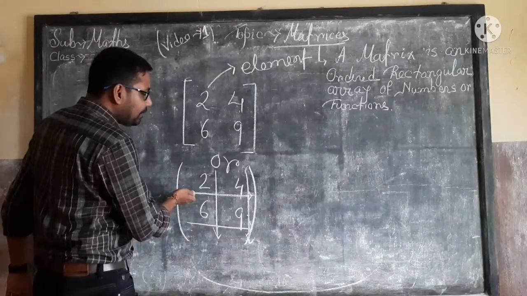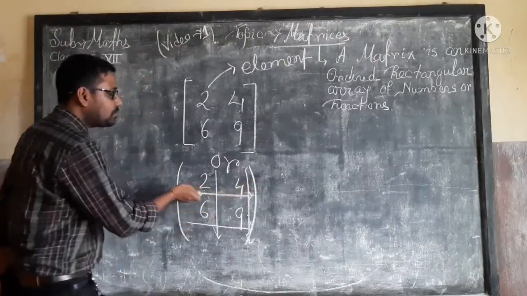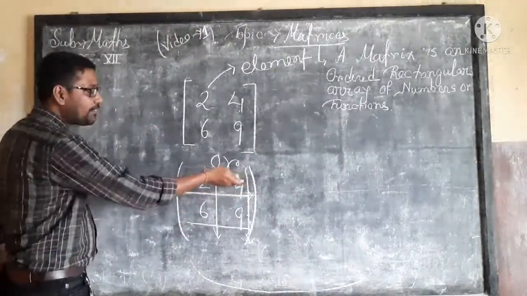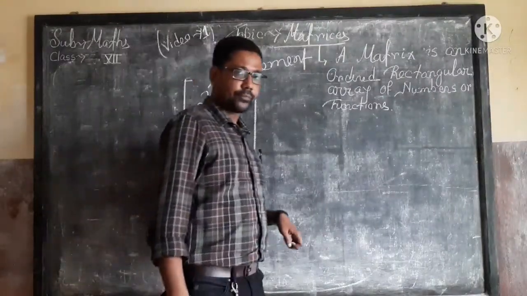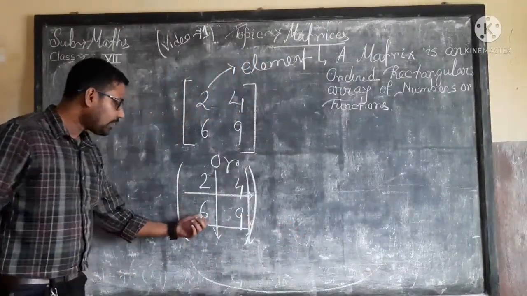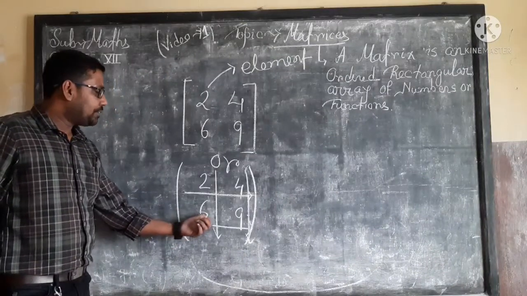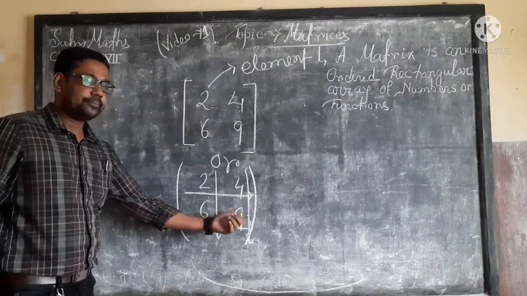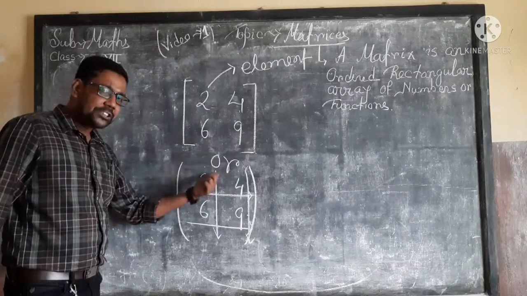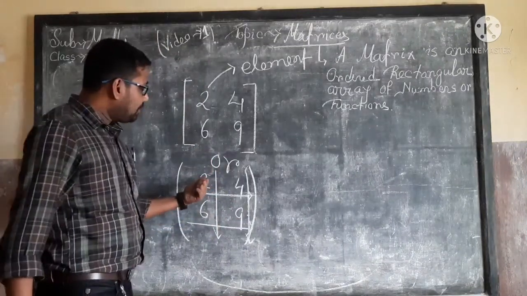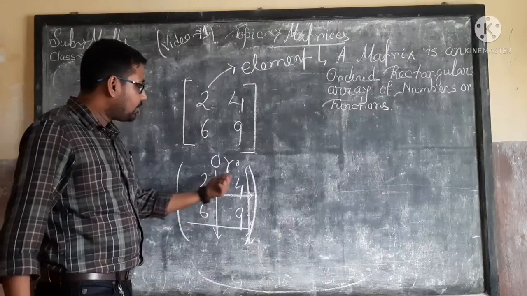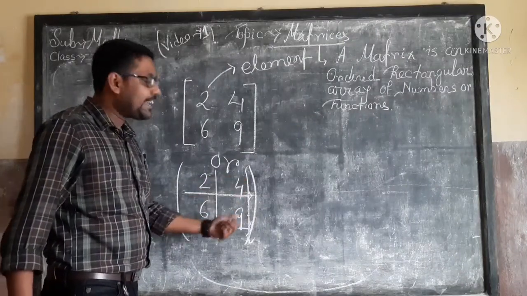If you consider the first horizontal line, we find the two values 2 and 4, and the second horizontal line, 6 and 9. And the first vertical line is 2, 6, and the second one is 4, 9.